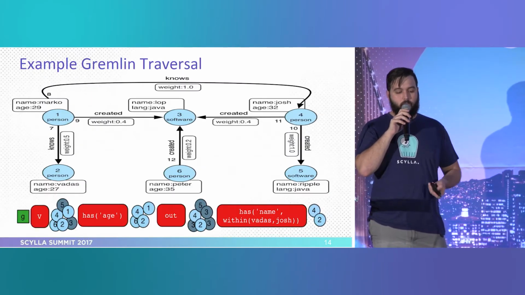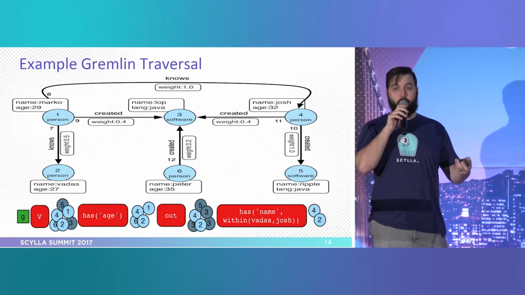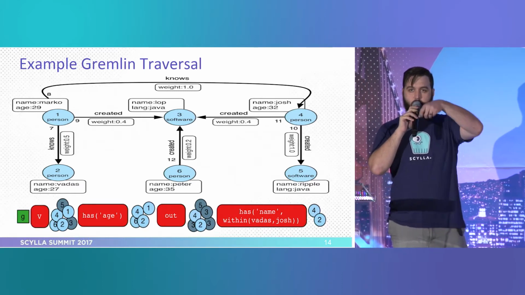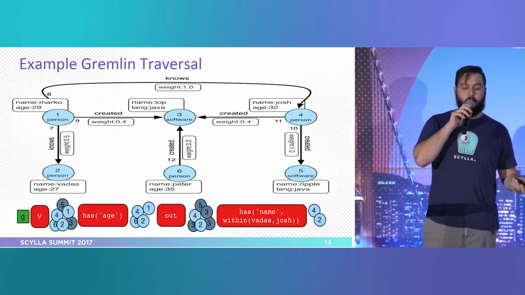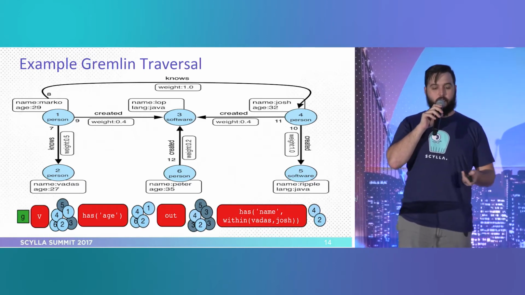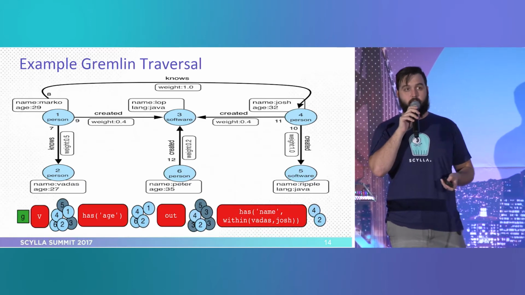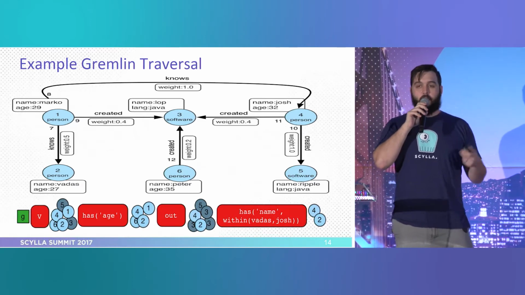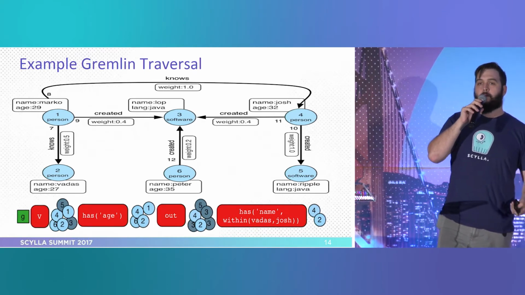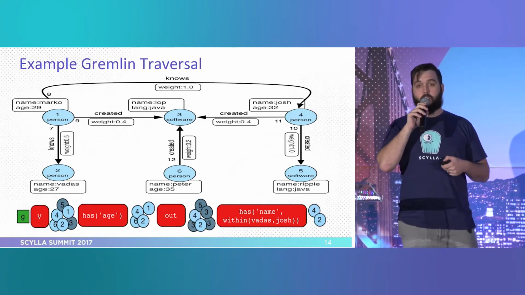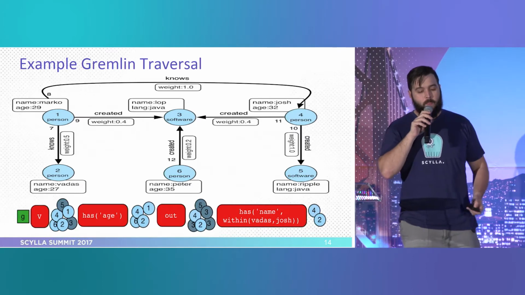So you start out, g.v is your entire set of vertices, and then you filter on age. In this case, there's 4 vertices that have that age. And then this is where the actual concept of traversing comes in, with this outstep that follows after that.